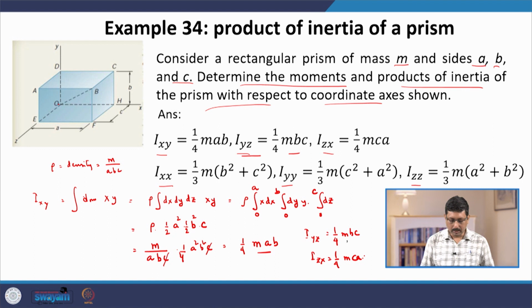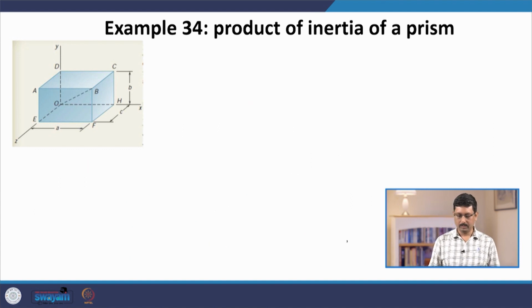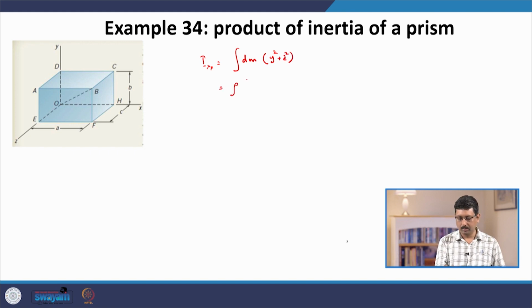So, let us work out the I x x component also. This is the distance of this mass element from the x axis, which is y square plus z square. So, I x x will be rho times dx dy dz times y square plus z square. This is really a volume integral, and we can factorize the x, y, z coordinates.